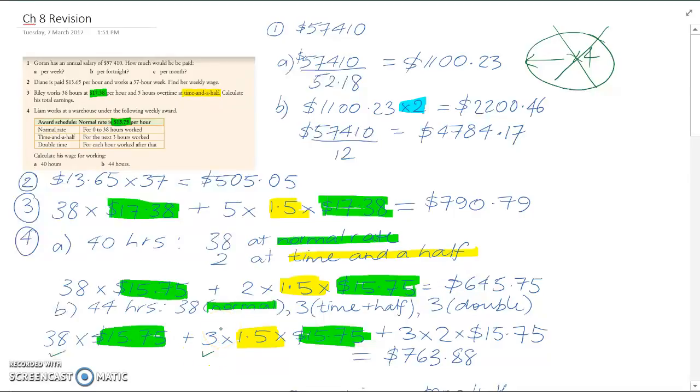So what's left? Another 3. And it said that any hours worked over that is at double. I think I said I was going to use pink for double, which means 2 times the normal pay rate. Okay. So that's how you do that one. You put it all together and you get $763.88.